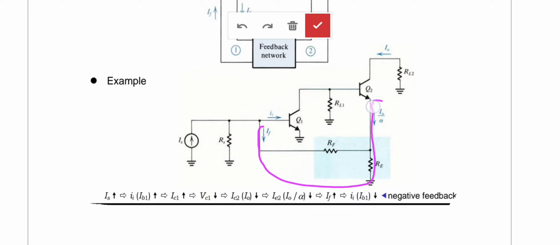So from the second emitter we give feedback to the base of the first one, through a feedback network having resistances RF and RE. So this is just an example of current sampling, current mixing circuit, or a shunt series topology.